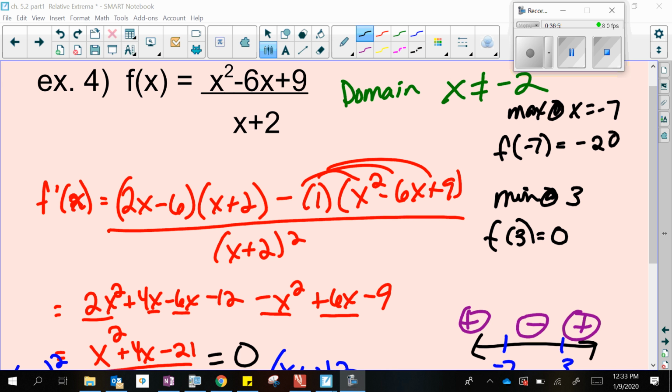Let's see. So 49 minus 42 is 7 plus 9 is 16 over, yeah, 16 ninths maybe? Oh, plus 42.